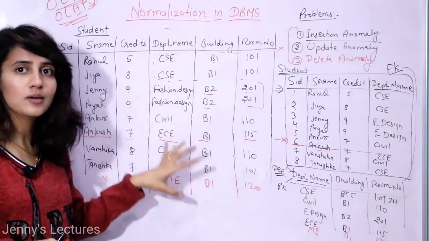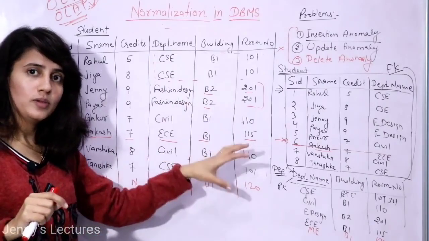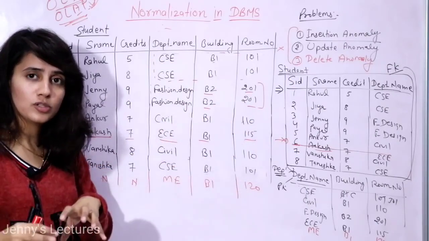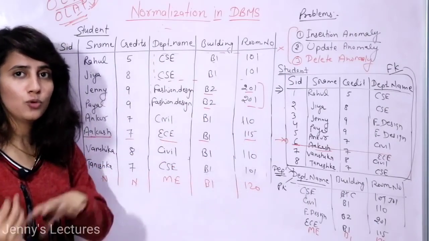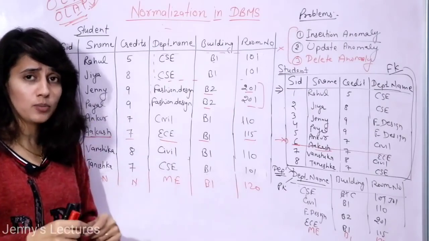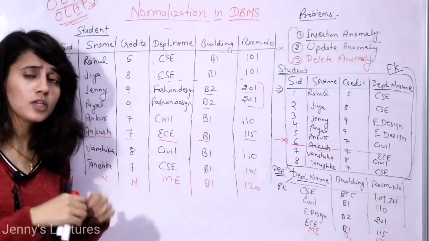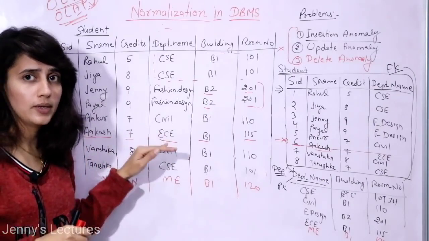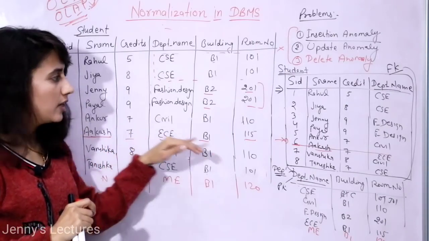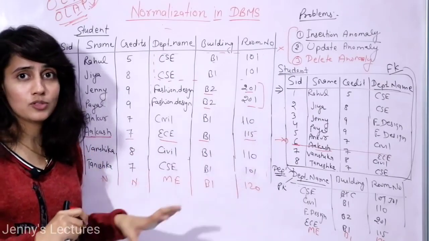To find out the right decomposition is very tough, fine, because there could be lossless decomposition and lossy decomposition, and that lossy decomposition we don't want. So what is lossy decomposition and lossless decomposition? That also we will discuss later, fine. So that is also a very important point here, how to decompose the table so that data will not get lost. You will get a lossless decomposition.